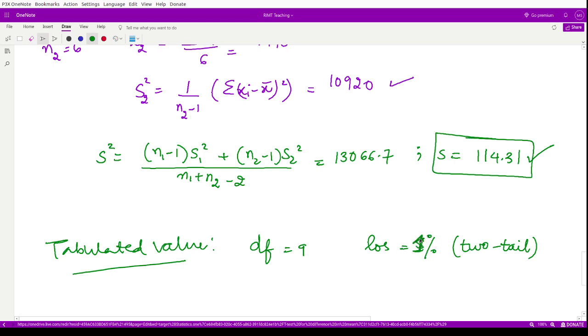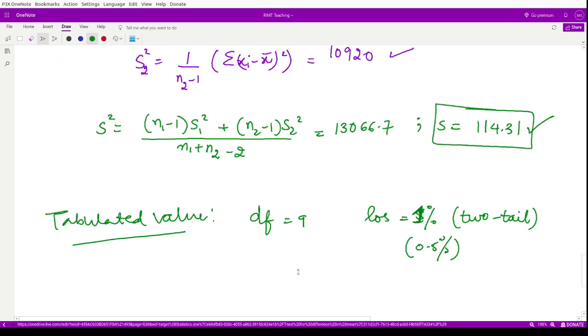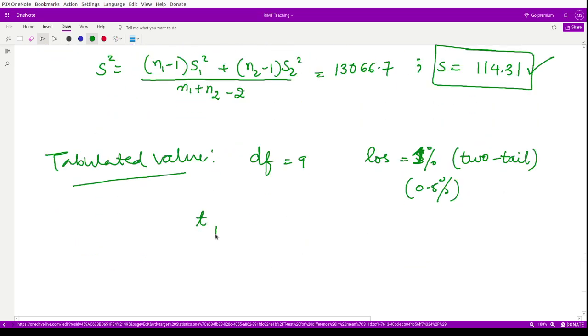So here we will look for 0.5% level of significance. 0.5% level of significance means we will look for the value of t 1 minus 0.005 into 9. So it would be t 0.995 into 9.